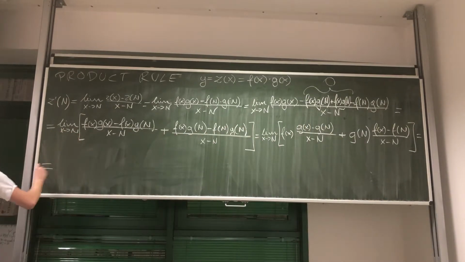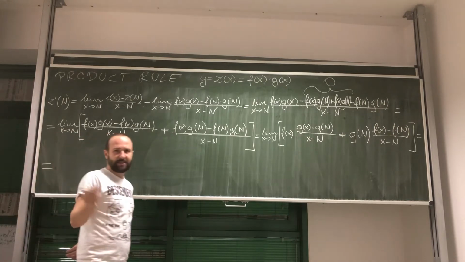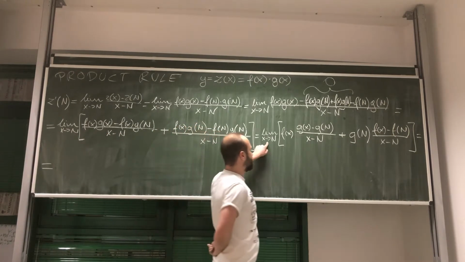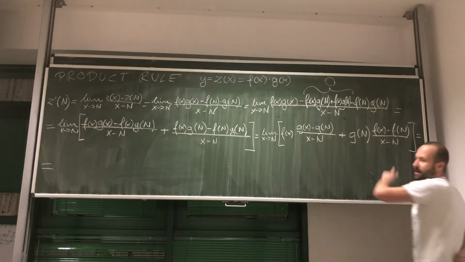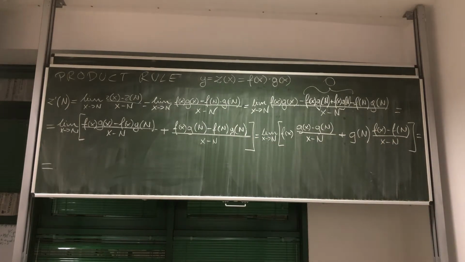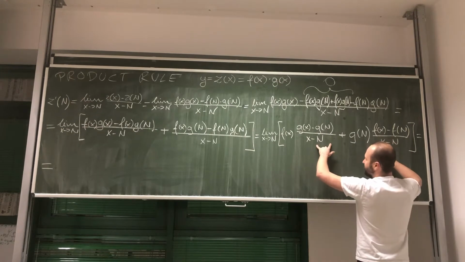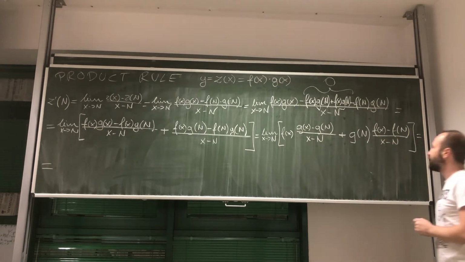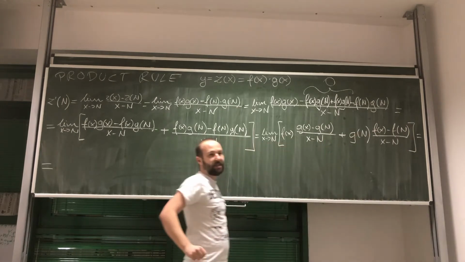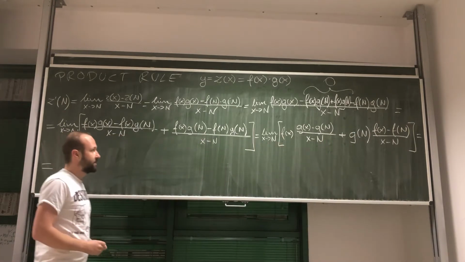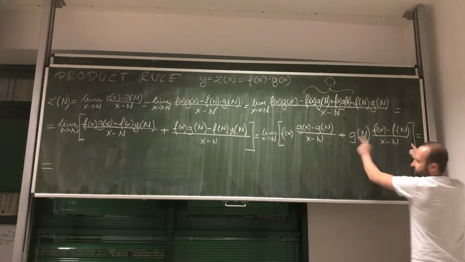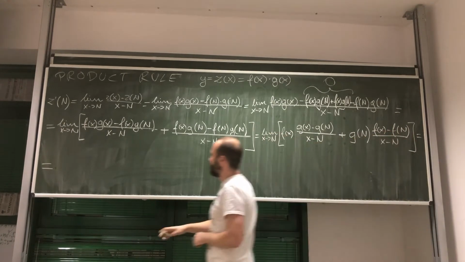But let's remind ourselves of a couple of rules associated with limits. The limit of a sum is the sum of the limits. So I can divide these two into two separate limit expressions. Then we know the limit of a product is the product of the limits. So I can divide those two separately and those two separately. So then what will I get?